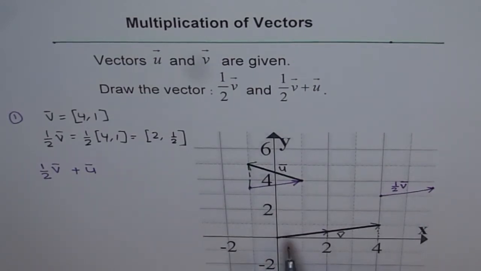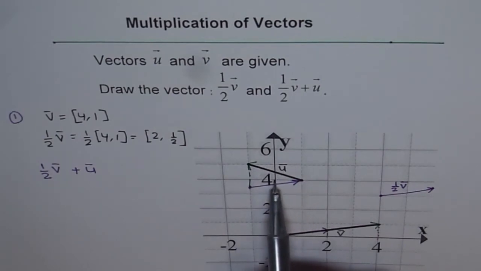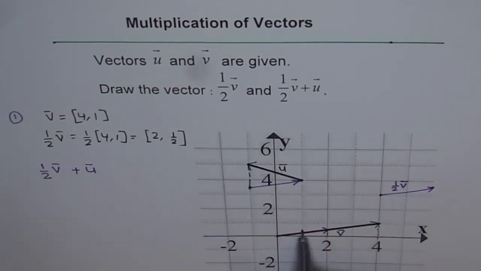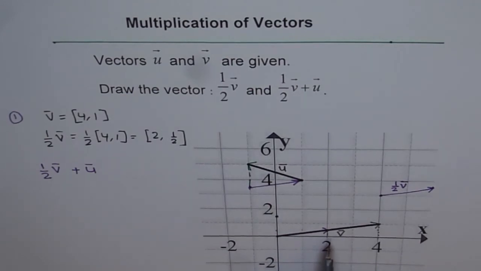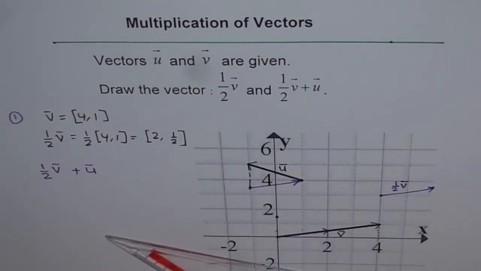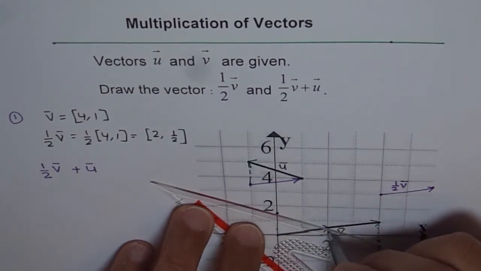The other way could be, we already have half of v here, and from this place we can place the vector u. Vector u is 2 units on the x and 1 on the y. So we'll go 1 and 2 units on the x and 1 unit on y. So we reach this place. So that becomes half of v plus u, correct?